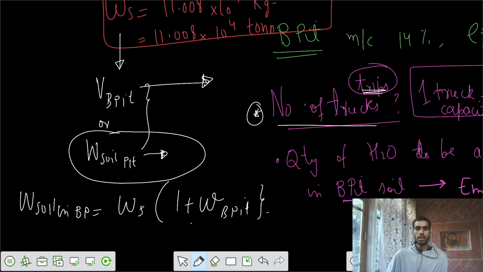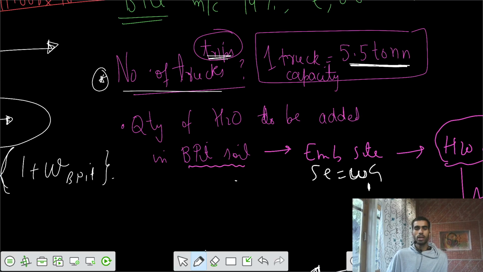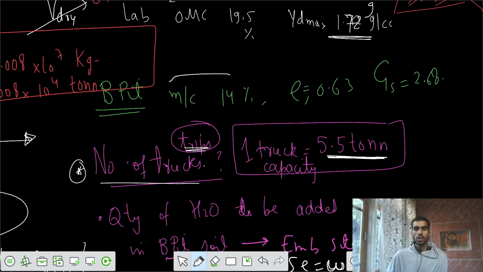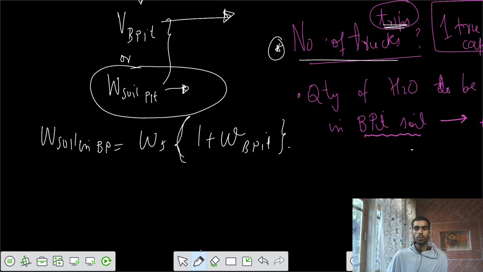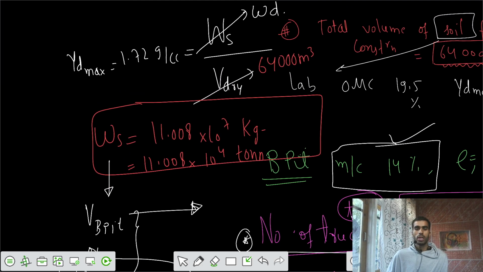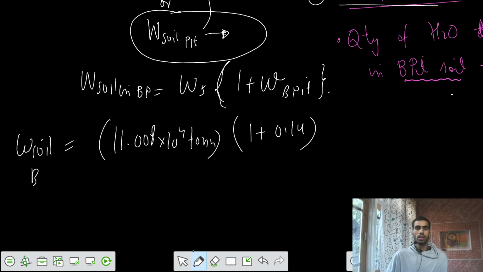The water content in the borrow pit is given, so I can substitute that value, 0.14. So 1 plus 0.14 times the weight of the solids, which is required to be 11.008 times 10 to the power 4 tons. So I can get the weight of the soil required from the borrow pit.